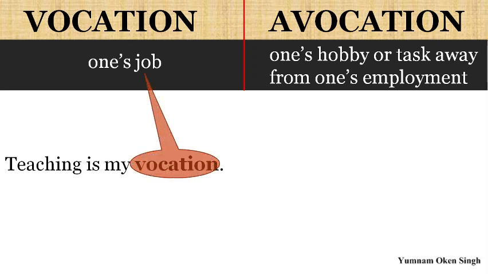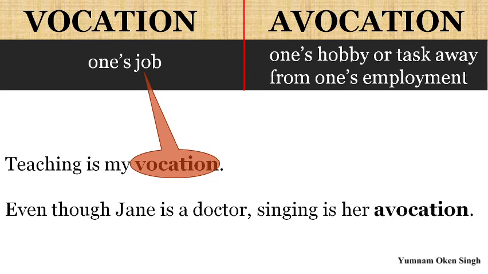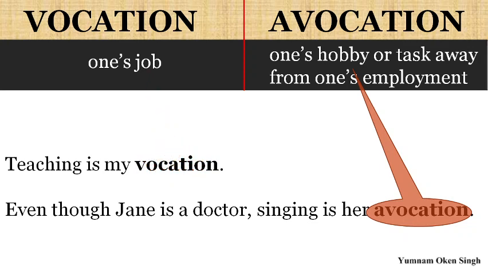Here, vocation means teaching is my job. And see the second example. Even though Jan is a doctor, singing is her avocation. Here, singing is her hobby, even though she is a doctor. There's the difference between vocation and avocation.